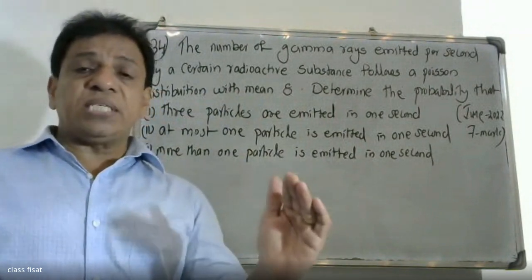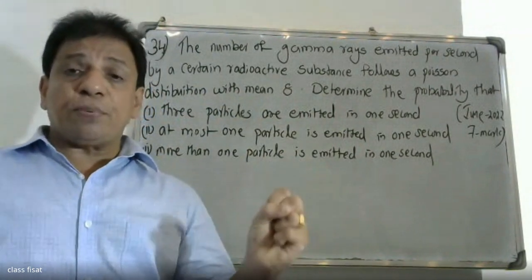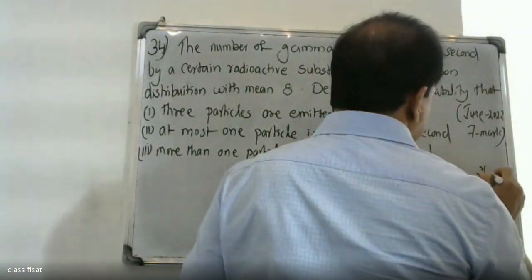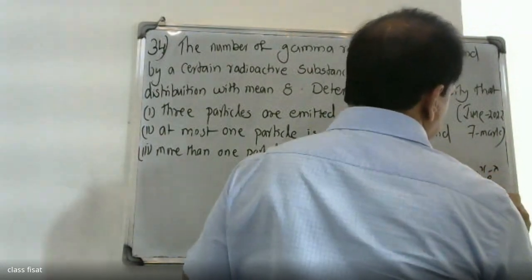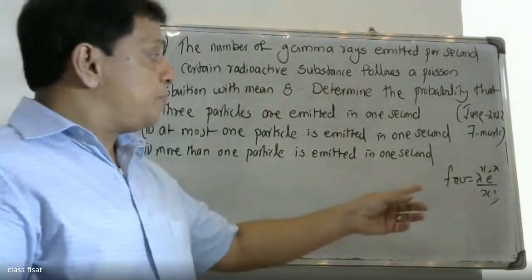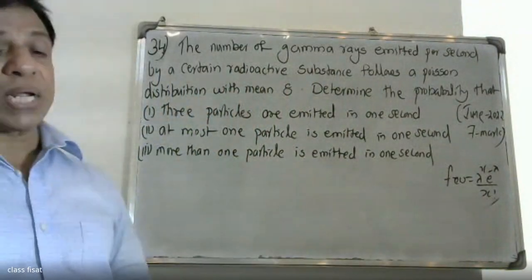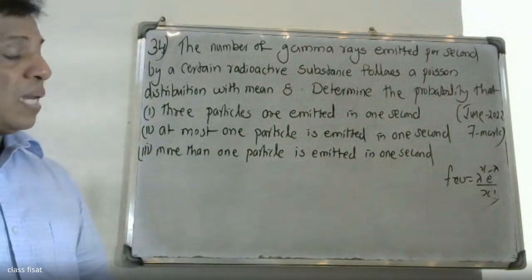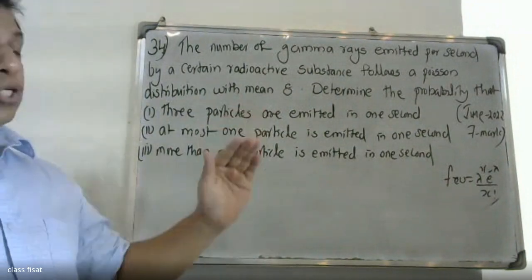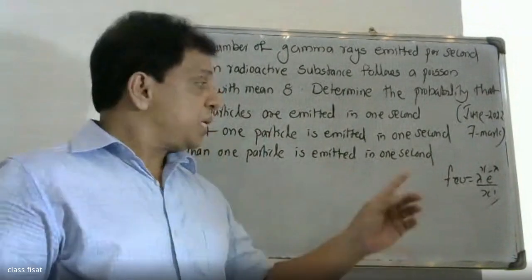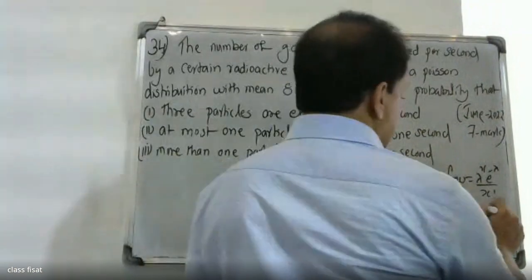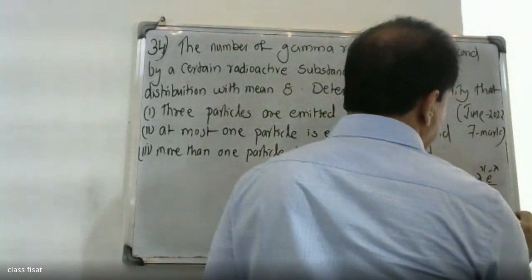A discrete random variable X is said to have Poisson distribution if the probability mass function f of x is equal to e raised to minus lambda into lambda raised to x by x factorial, where x equals 0, 1, 2, etc. This is the Poisson distribution probability mass function.